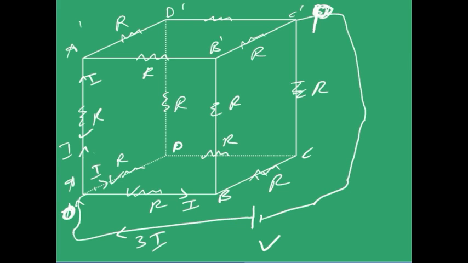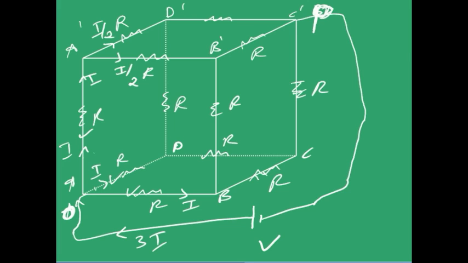And now it has to divide, okay? You have A dash D dash here, A dash B dash here, two resistors of equal resistance. So again, by symmetry, I can say that I by 2 current goes through A dash D dash, and I by 2 current goes through A dash B dash, because those two are the same resistors.